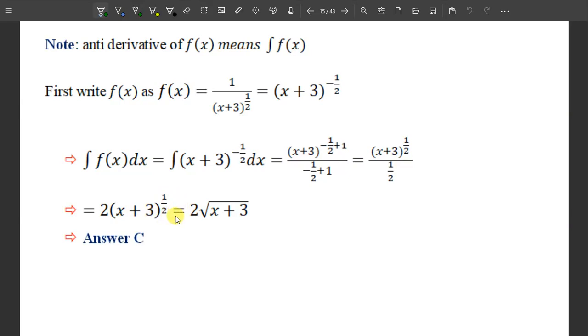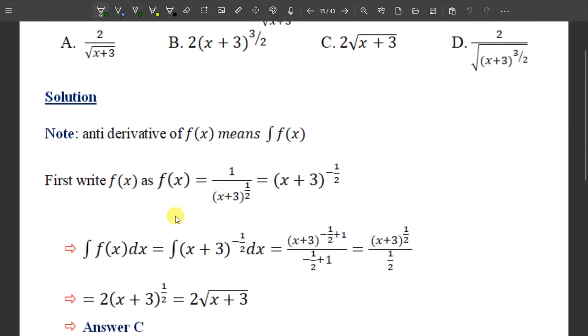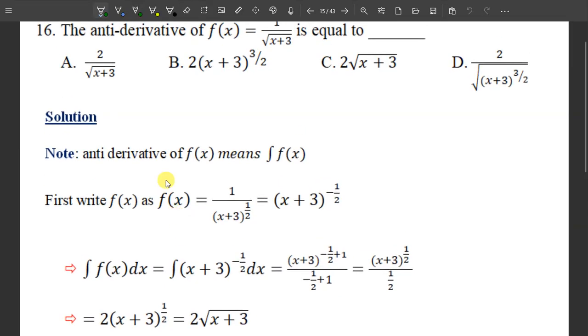And then check our multiple choice answers. In the multiple choice there is no such expression which is equal to 2 times x plus 3 to the power of 1 over 2, and therefore we can convert this exponent into a radical, since x plus 3 to the power of 1 over 2 is exactly equal to the square root of x plus 3.